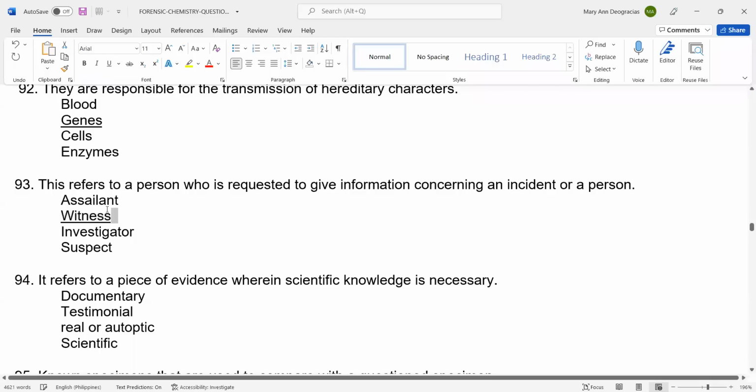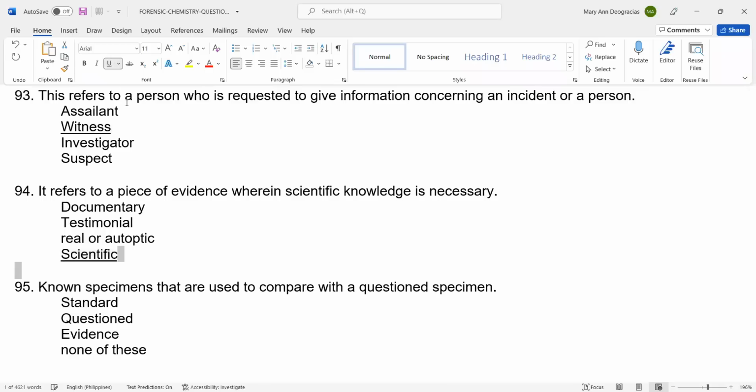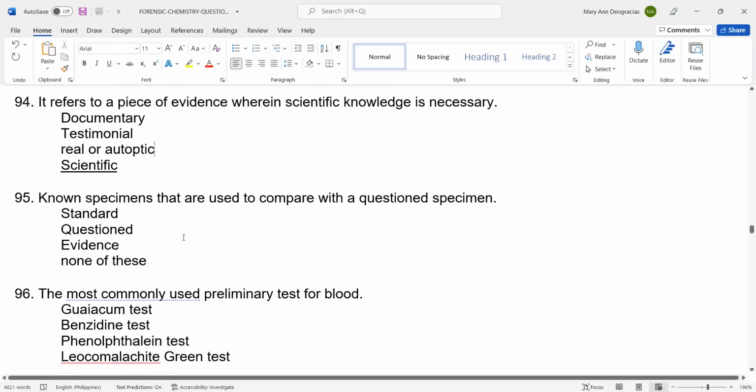Okay, next. It refers to a piece of evidence wherein scientific knowledge is necessary. O, andyan na yung sagot. So, it's scientific. Okay, next. Number 95.